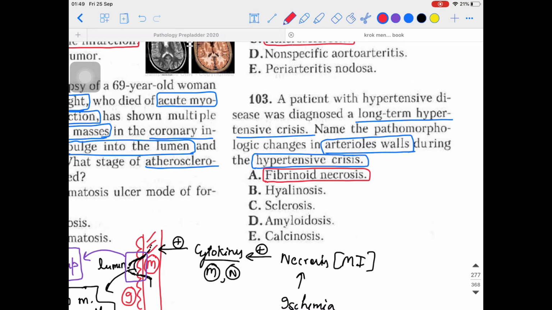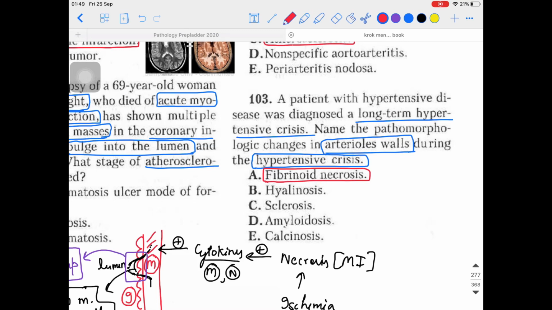Okay, so fibrinoid necrosis will be seen as a specific pattern of irreversible uncontrolled cell death happening inside the blood vessels, and that is related to the formation of immune complex deposition in the walls of the blood vessel. Mainly seen where? In the hypertensive crisis.